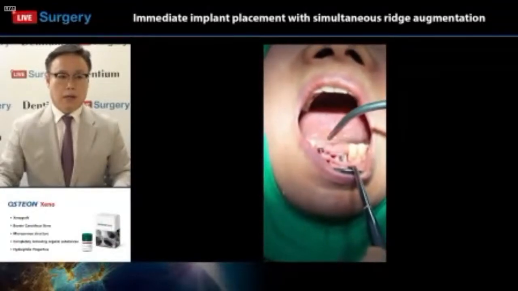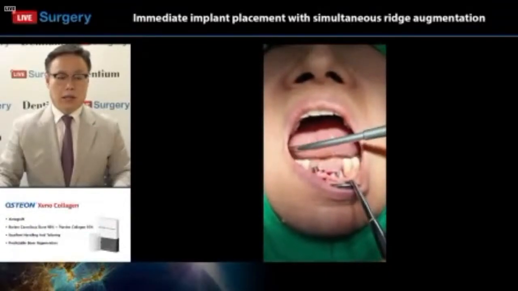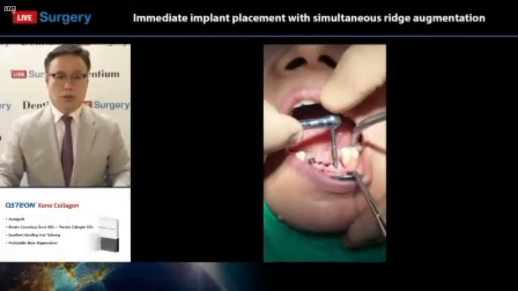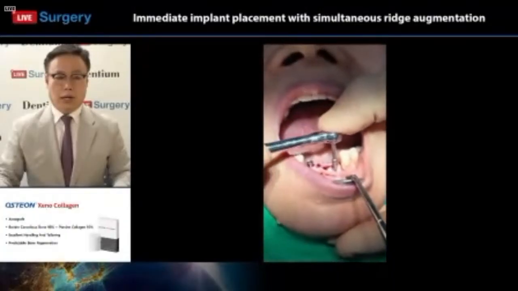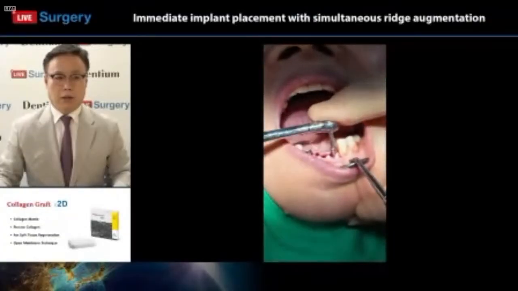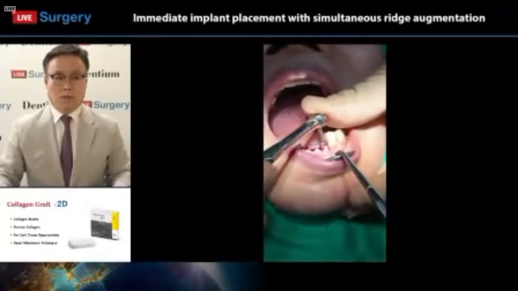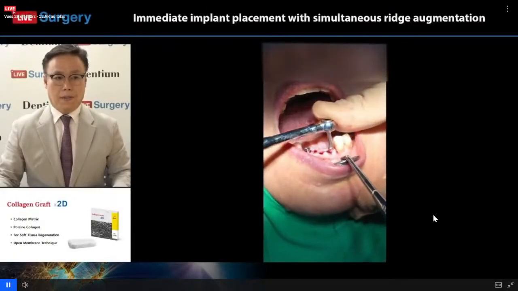Other than number 42, this side didn't show any kind of recession defect. We didn't apply much bone graft on the number 32 side.